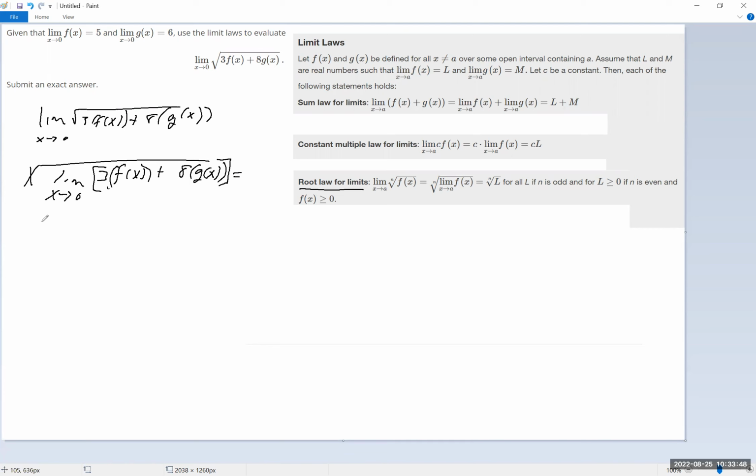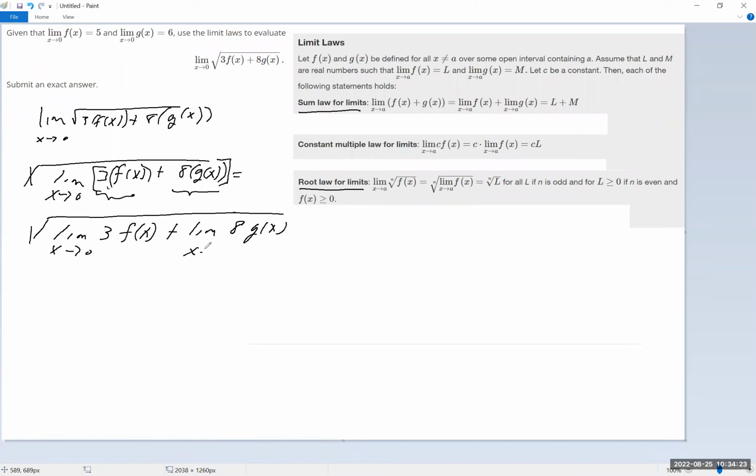All right, so now I'm going to use the sum law for limits. Just ignore that for a bit, but I can break these two pieces up. So I've got the limit of 3 times f of x, and then I've got the limit of 8 times g of x, and both of these as x approaches 0.